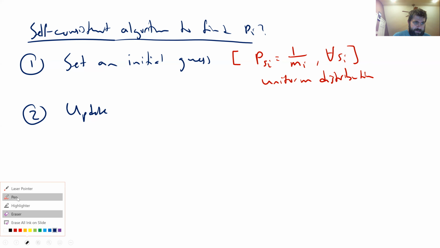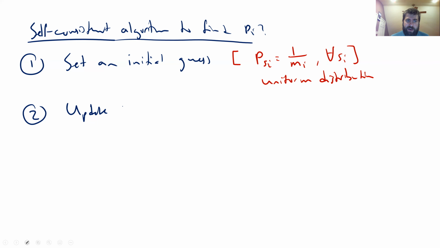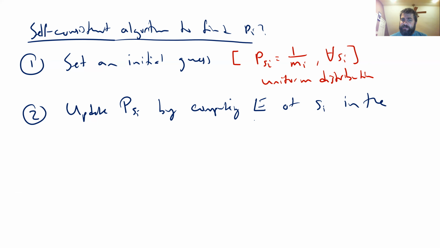How do we do this? We want to update these P_Si by computing the energy of rotamers Si in the mean field background of all other positions. What exactly do we mean by this?